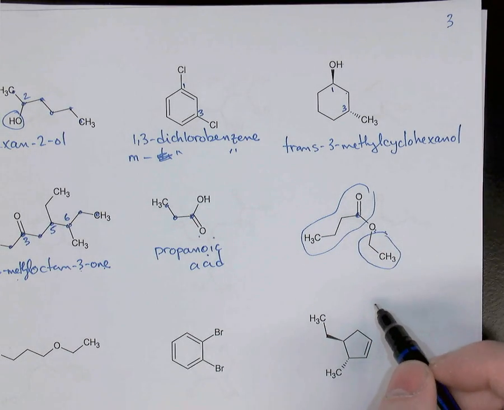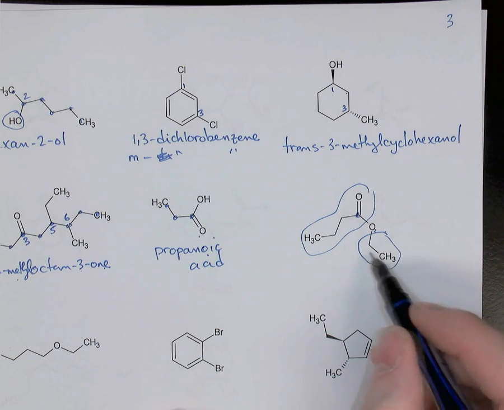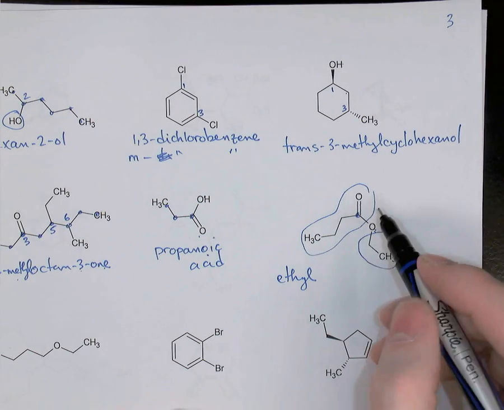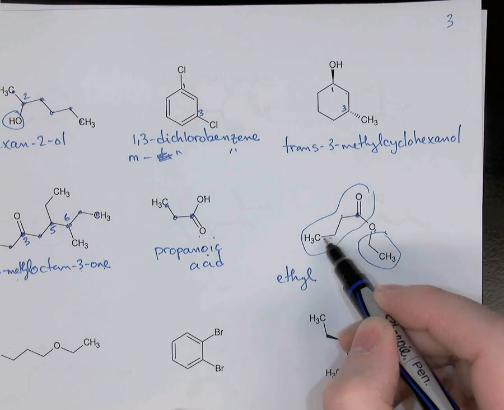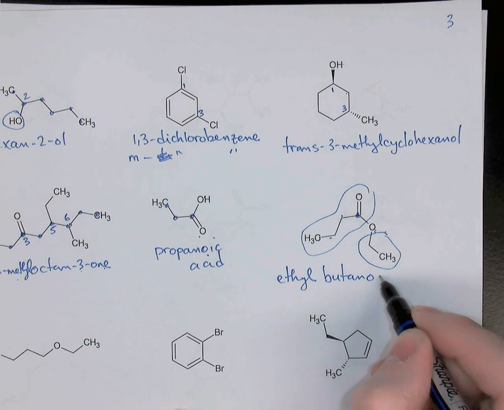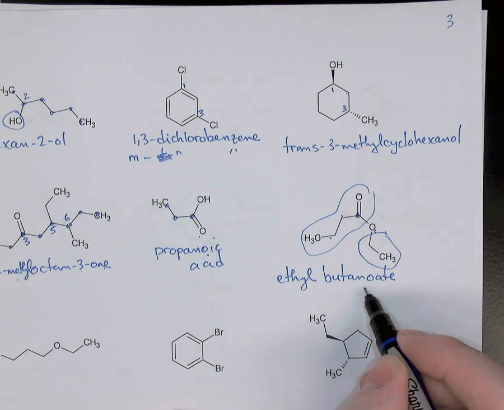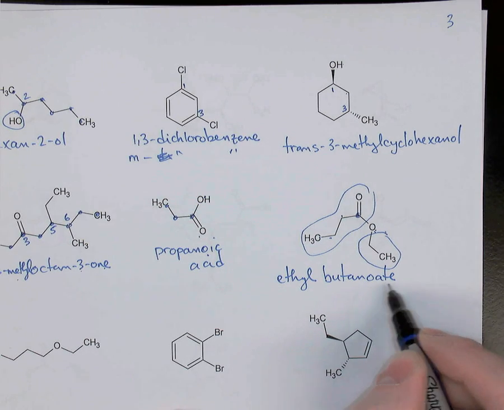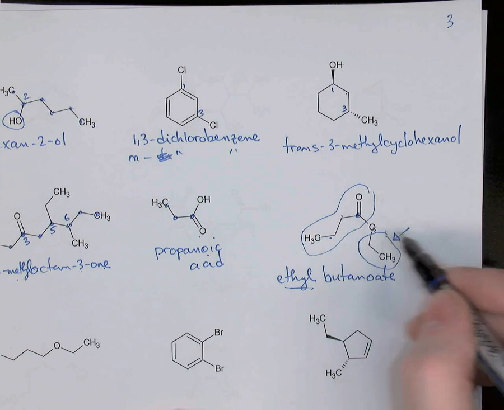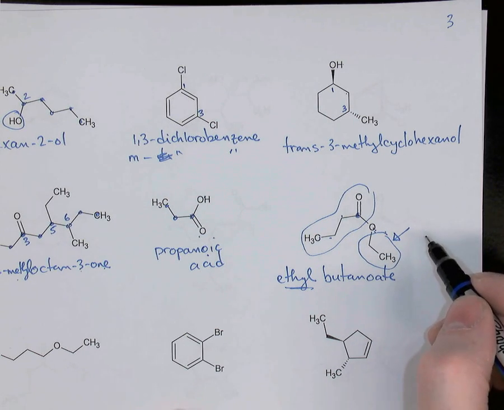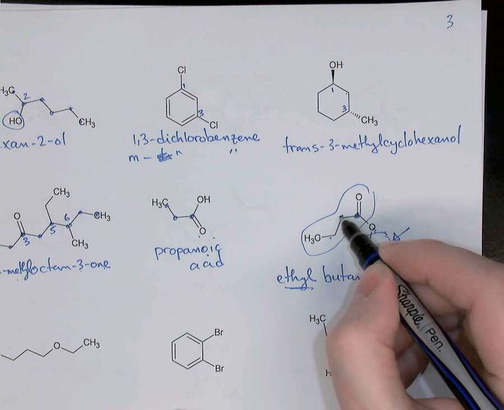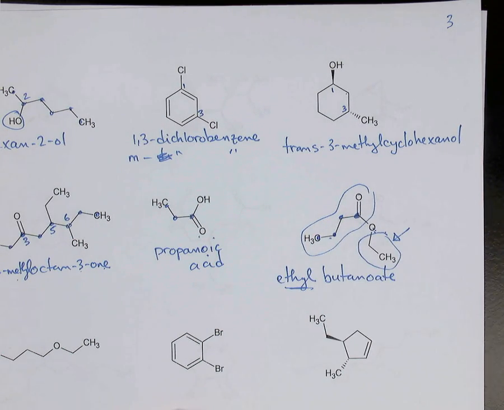So we name the alcohol portion first, 2 carbons, so that would be ethyl, and then we name the rest 1, 2, 3, 4 carbons, so butanoate. Okay, the ending for an ester is oate. So ethyl, because this piece down here bonded to oxygen had 2 carbons. Butanoate, because the remaining molecule had 1, 2, 3, 4 carbons in it.